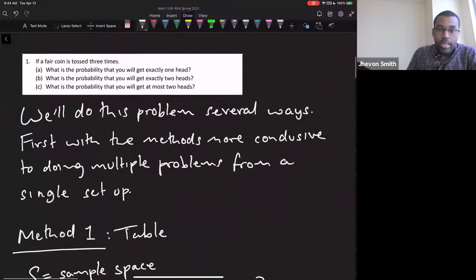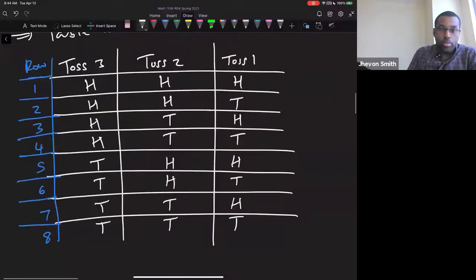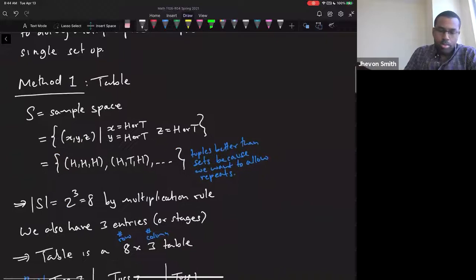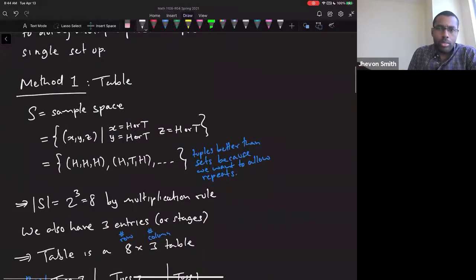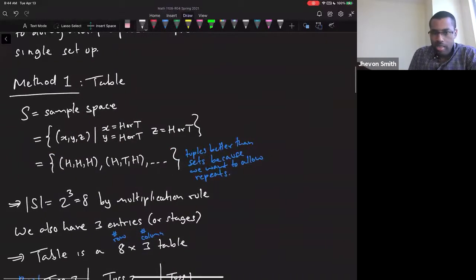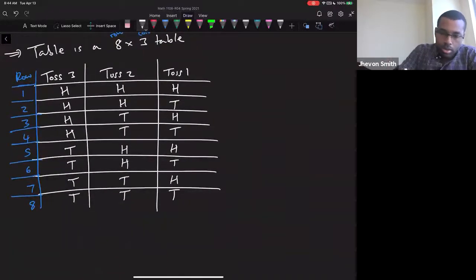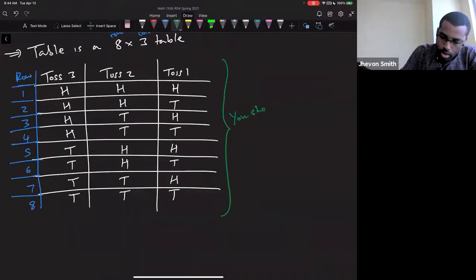However, for something like this, I would expect you to be able to just jump right to the table. I wouldn't really need you to explain all of this. Maybe the size of the sample space, but if you can do the table, just jump to the table.